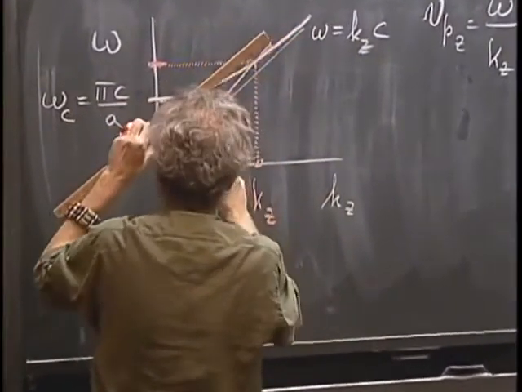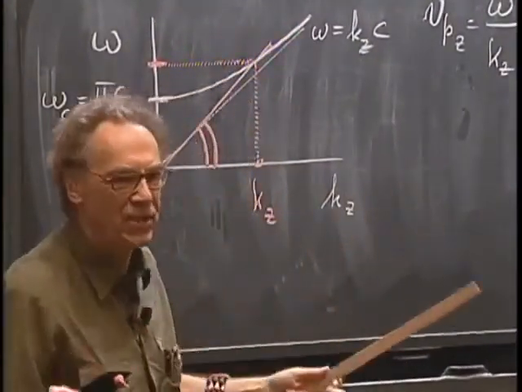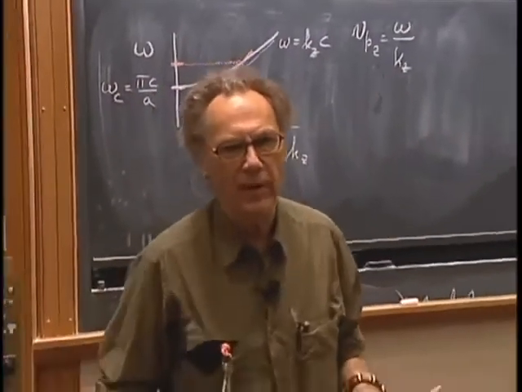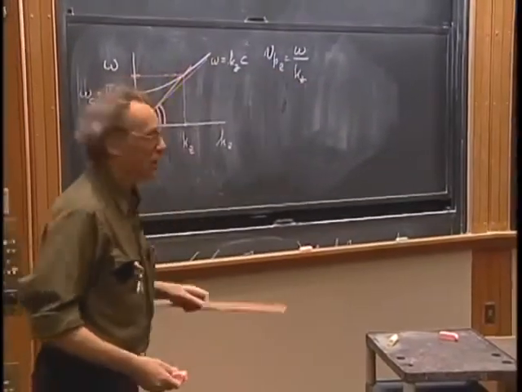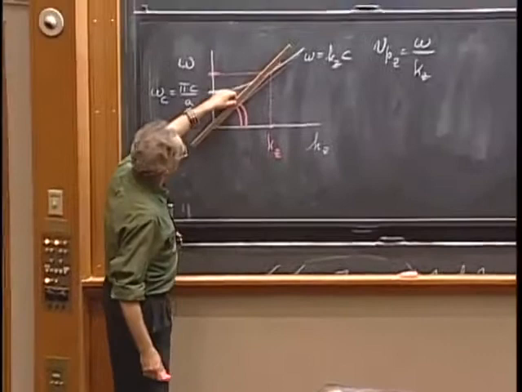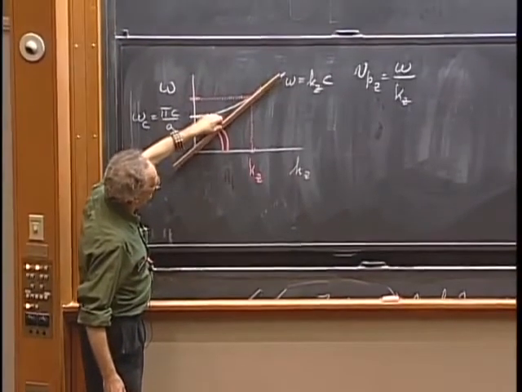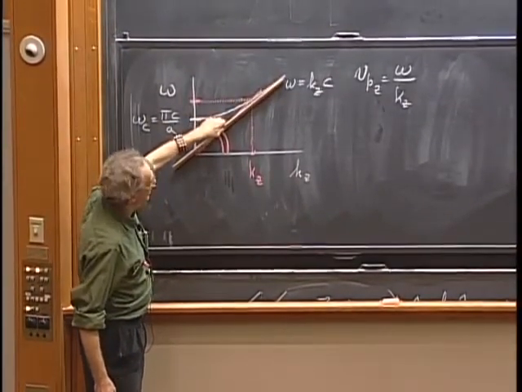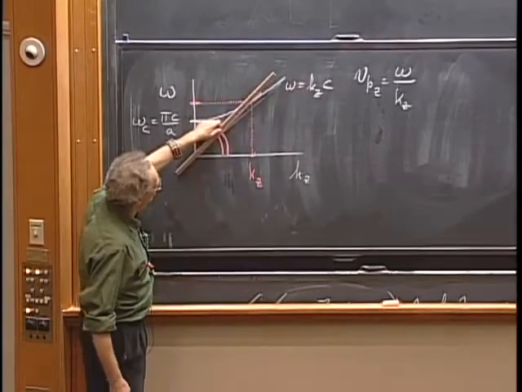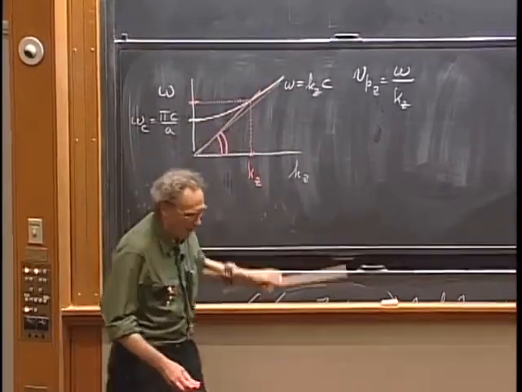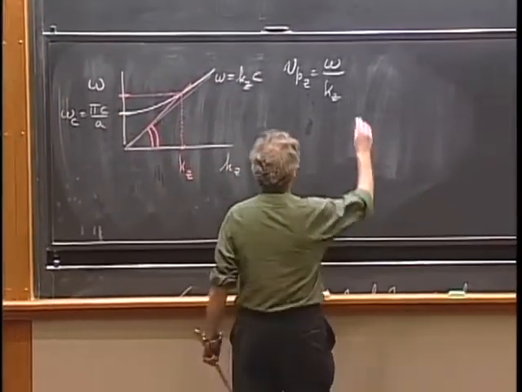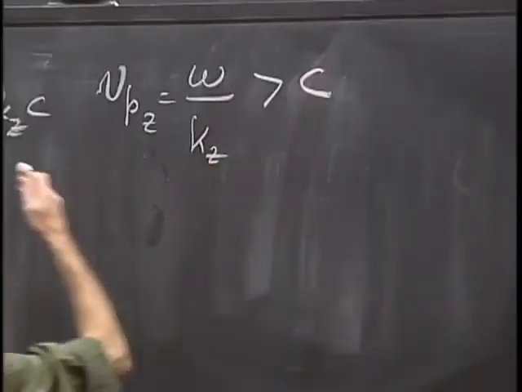This angle is an indication for the ratio omega divided by kz, which is larger. This angle is higher than this one, and this was c, remember? And so you see that that value is always larger than c. You can just see that by looking at the graph.